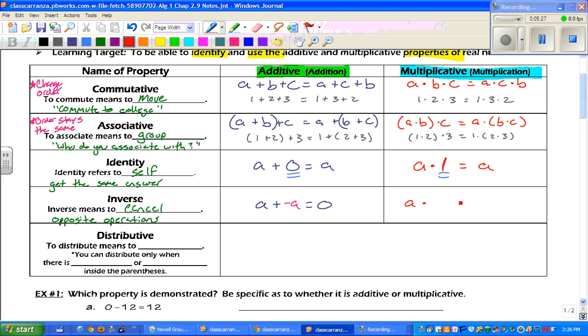Now, here's the tricky one. When you are doing the inverse multiplicative property, when you cancel things, you need to get 1. So when you're multiplying here, you are actually going to multiply by the reciprocal. And that's our little note right here, is to multiply by the reciprocal.